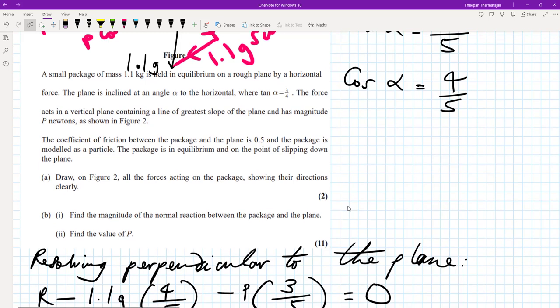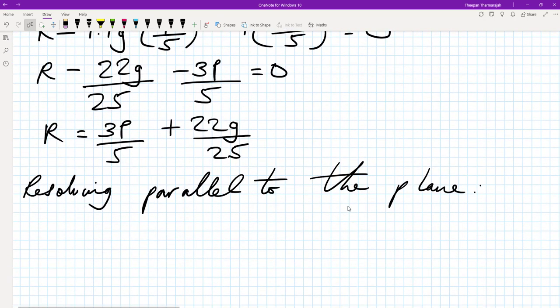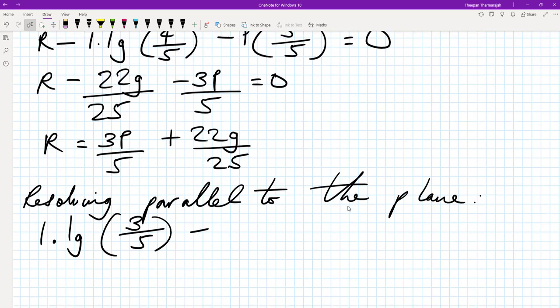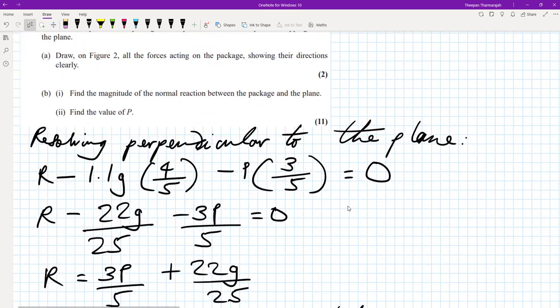So when you resolve parallel to the plane, it's trying to go down the plane. So the force coming down is 1.1 g sine alpha. So it's going to be 1.1 g sine alpha, which is 3/5, minus the other force going up, which is P cos alpha.